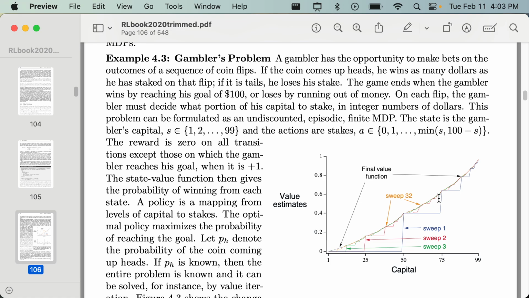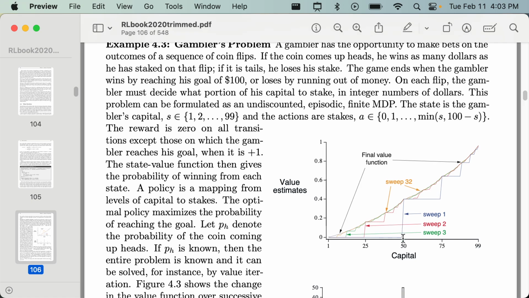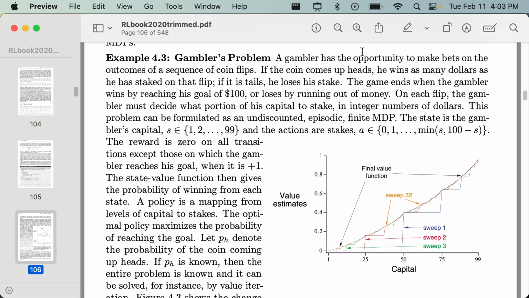But the difference is the step size is not necessarily 1, because the gambler can bet any amount of money they want. So they have a goal of $100, and let's say they start at $50. They can bet $1, and then they'd go to $49 or $51. They can bet $10, and then they would go to $60 or $40, and they can bet any amount they want. And the question is, what is the best amount to bet? That's what we're trying to find out.